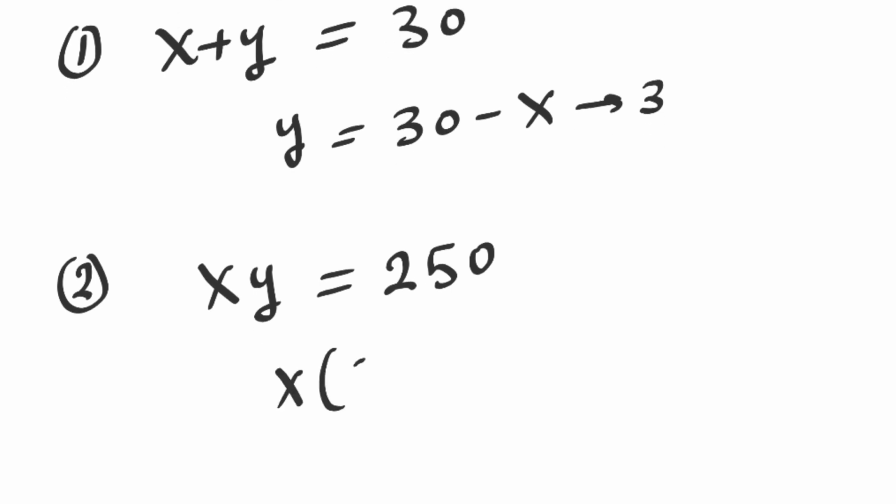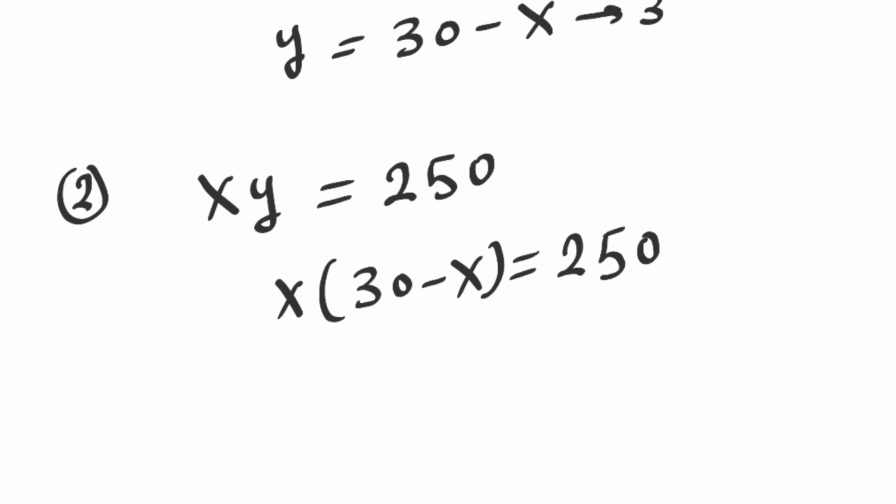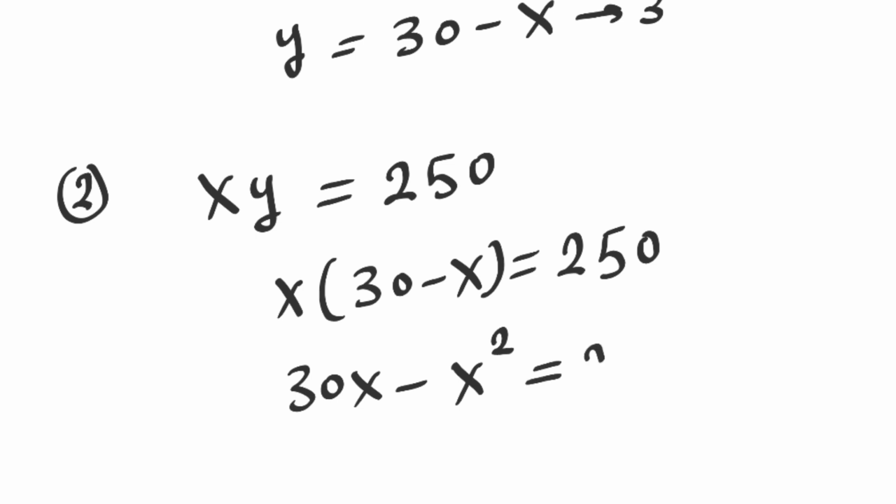x bracket 30 minus x is equal to 250. Let us open the bracket with this x. x multiplied by 30 is 30x, minus x multiplied by x, x squared, is equal to 250.